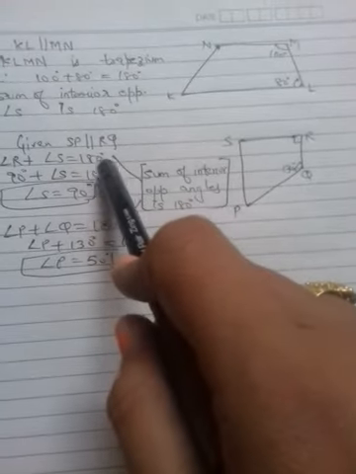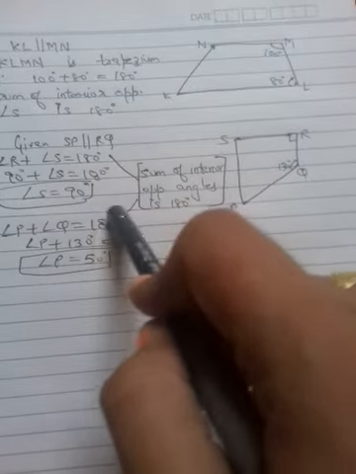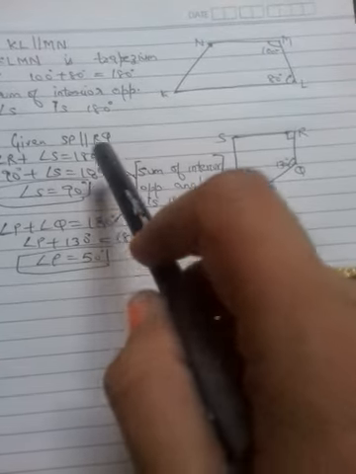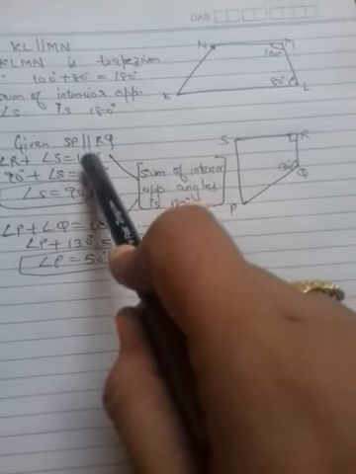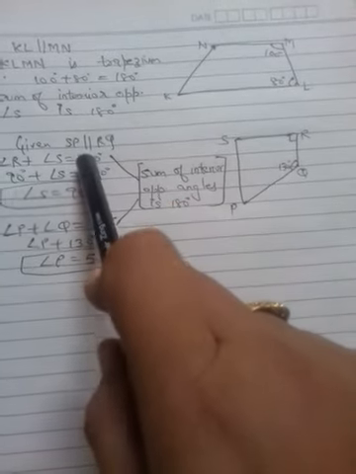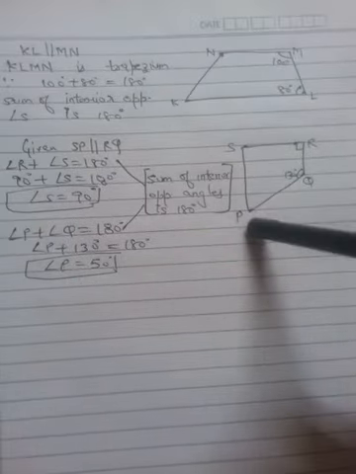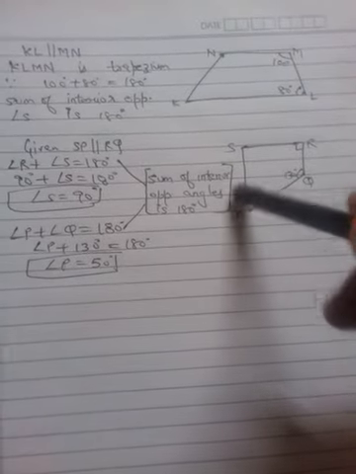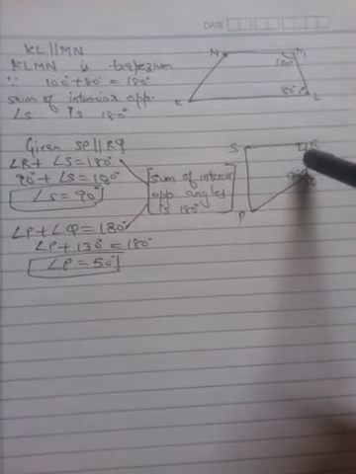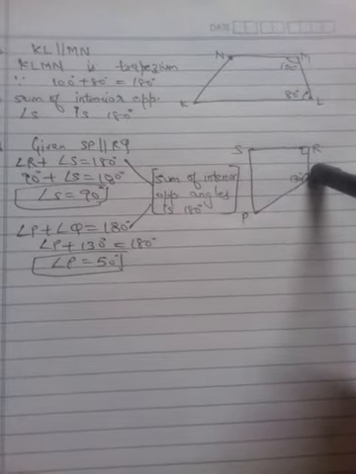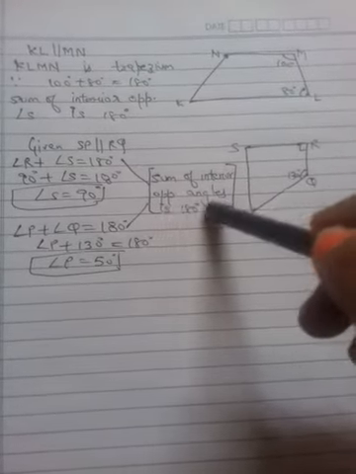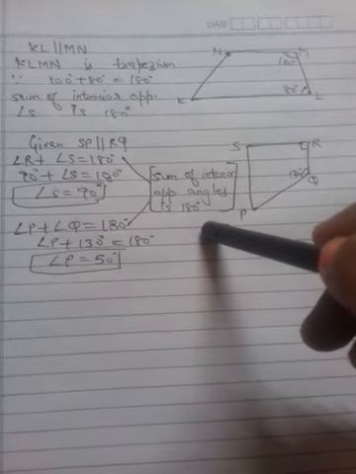Wherever a small, light colored box is made, it is not a box, it is the sign of parallel, which should be written like this. Now, in this, we have to find angle P and angle S. Again, we will use the property that the sum of interior opposite angles is 180 degrees.